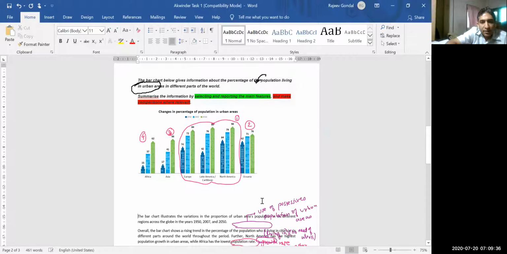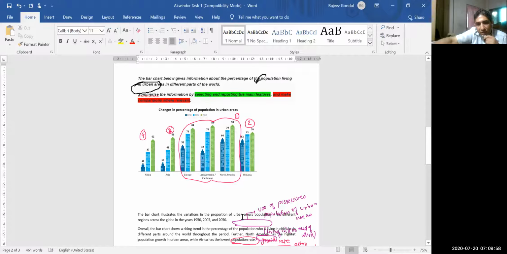Okay, the bar charts illustrate variations in the proportion of urban areas population. Urban areas population. There's no need to say urban areas population. Simply saying urban population would be enough. Of different regions across the globe in the year 1950, this.